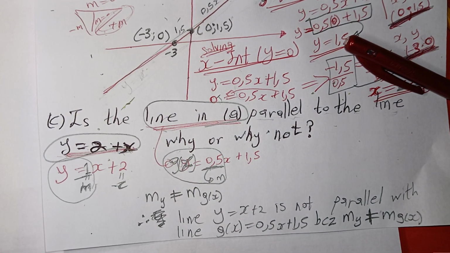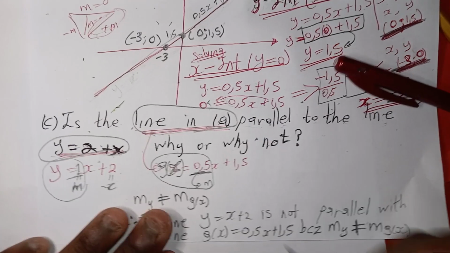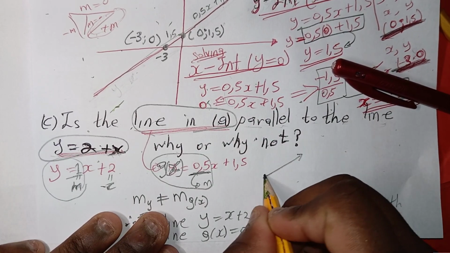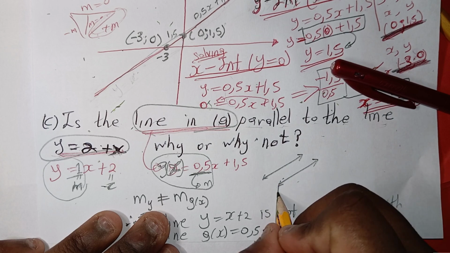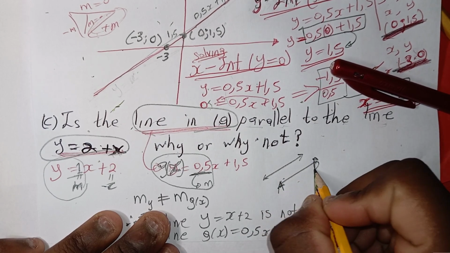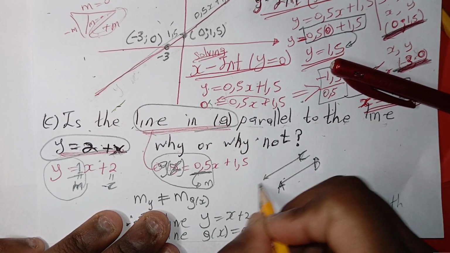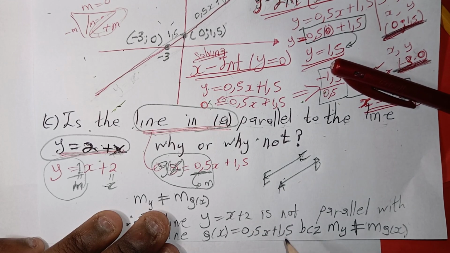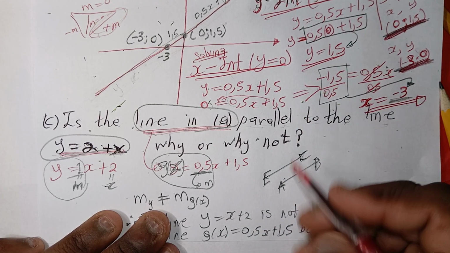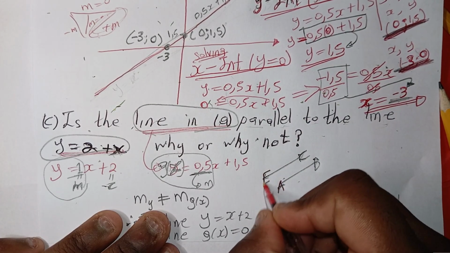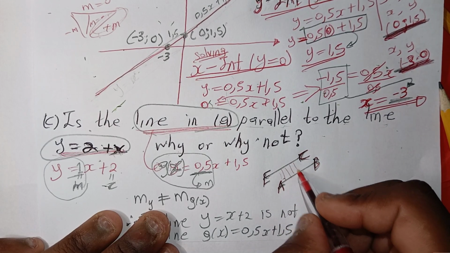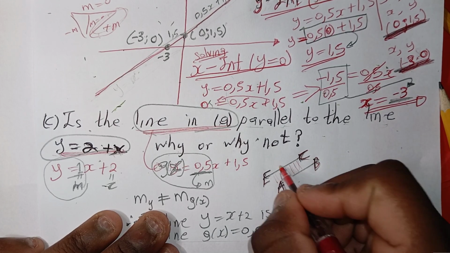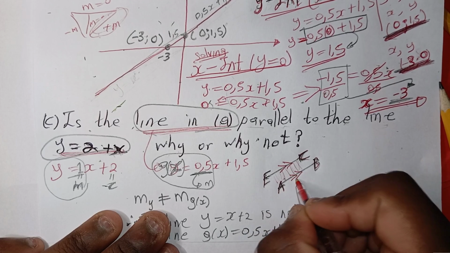Are they the same? Yeah, you should also know, guys, that if two lines are parallel, let me say line AB and line EC, if I've got these lines, do you see these lines? And the distance between these lines is equal, it means that this one is parallel with that one.